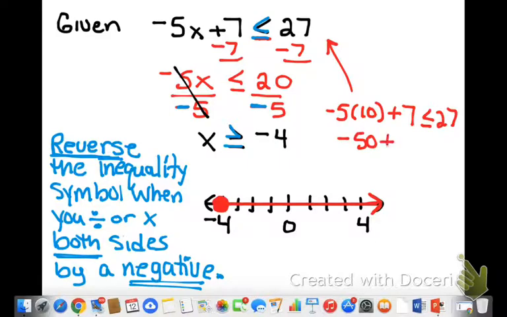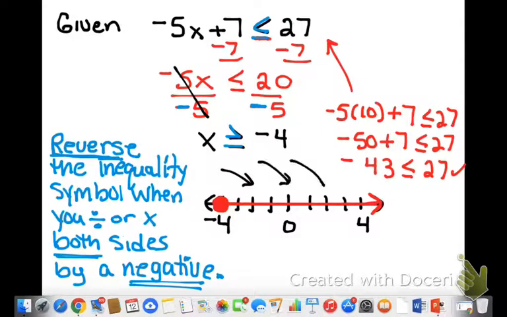Negative 50 plus 7 is less than or equal to 27, and that's a true statement: negative 43 is less than or equal to 27. So any value you pick on the number line that's greater than negative 4 to infinity is going to be a solution.